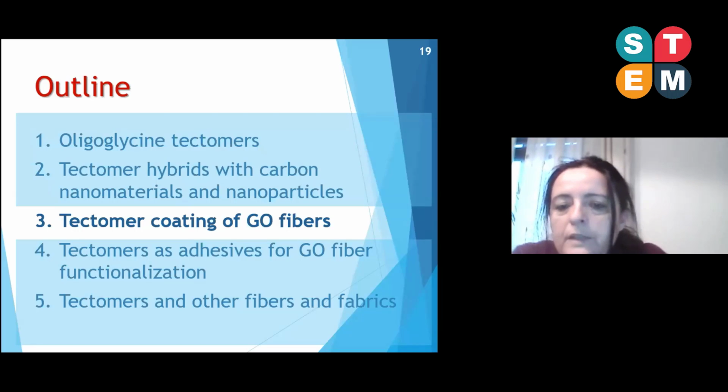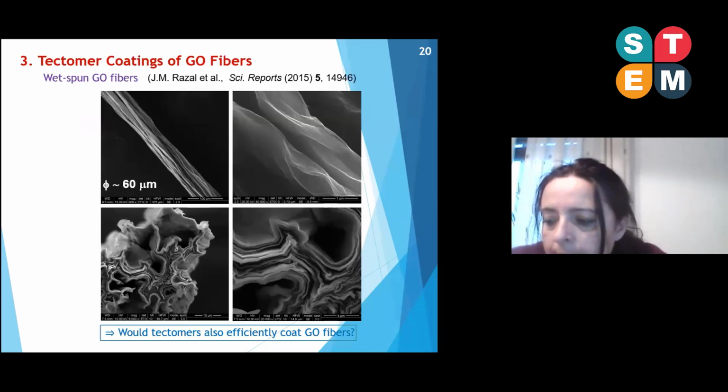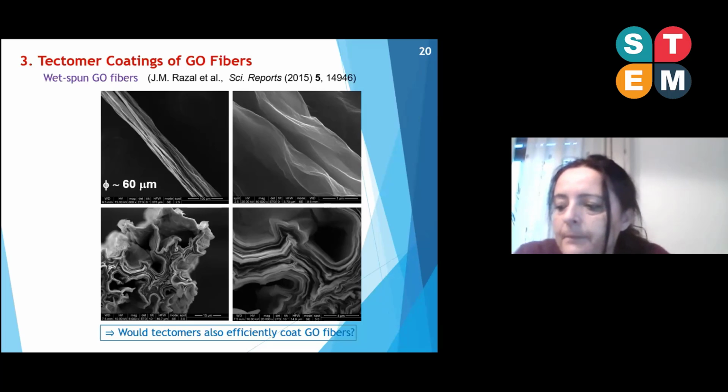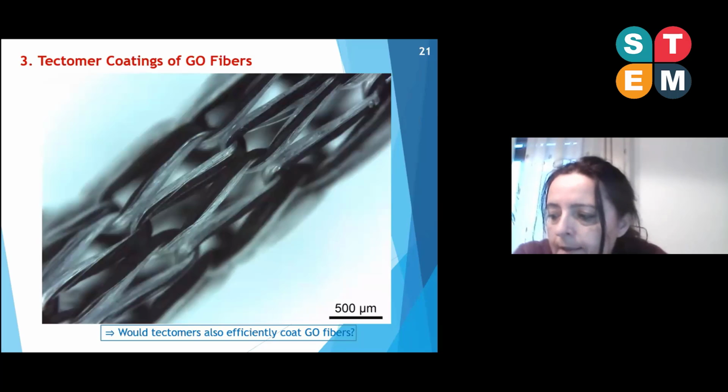Tectomer coating of GO fibers. GO fibers, 60 microns in diameter, were fabricated by wet spinning. GO fibers are macroscopic layered assemblies that combine high mechanical strength and flexibility that allow them to be knitted into fabrics and complex three-dimensional architectures.